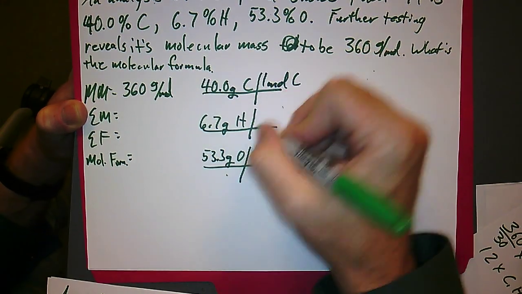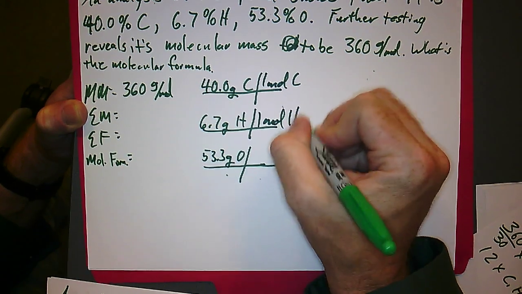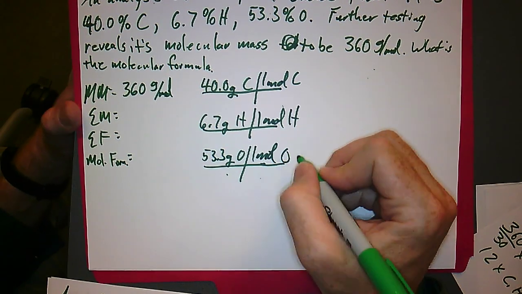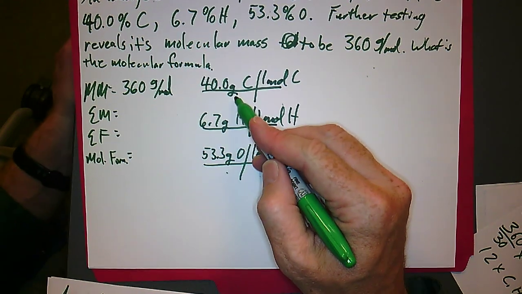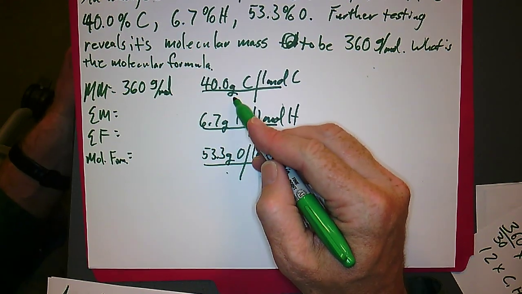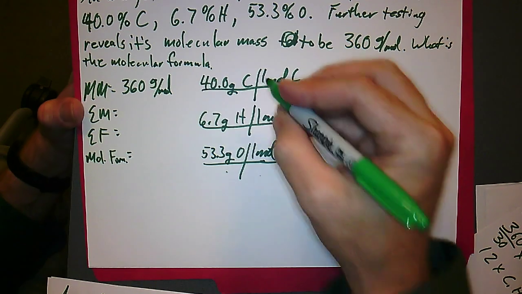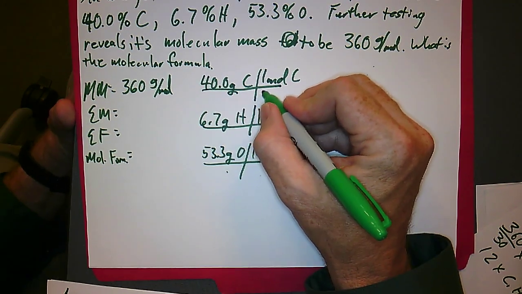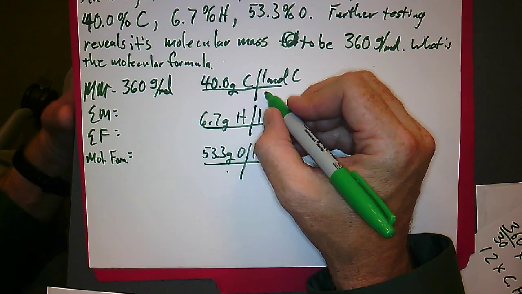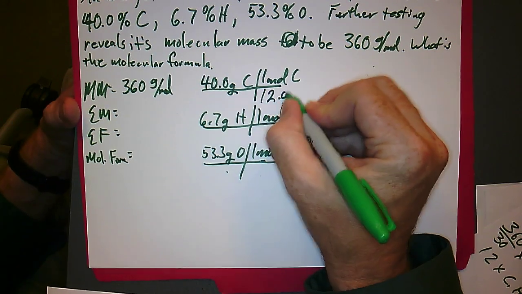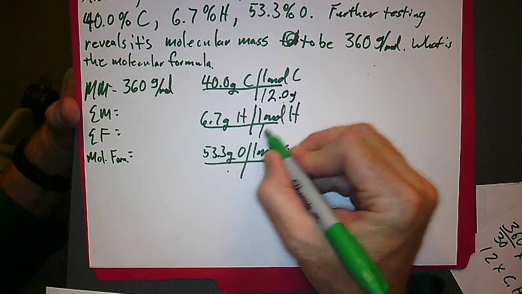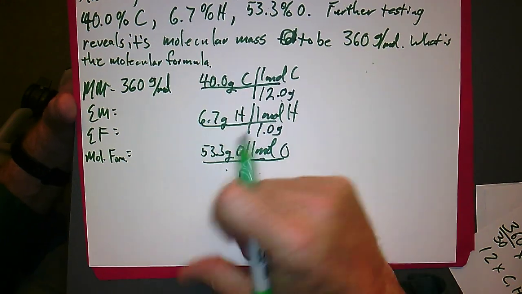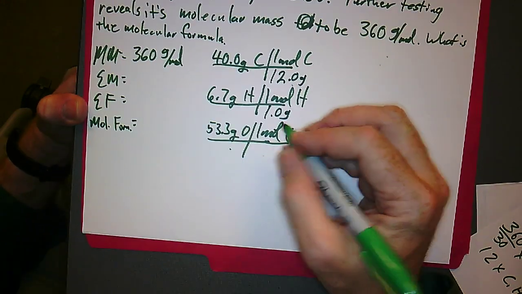So 1 mole C, 1 mole H, and 1 mole O. Since we have grams on top, grams go on the bottom. Carbon's mass is 12.0 grams, hydrogen is 1.0 gram, and oxygen is 16.